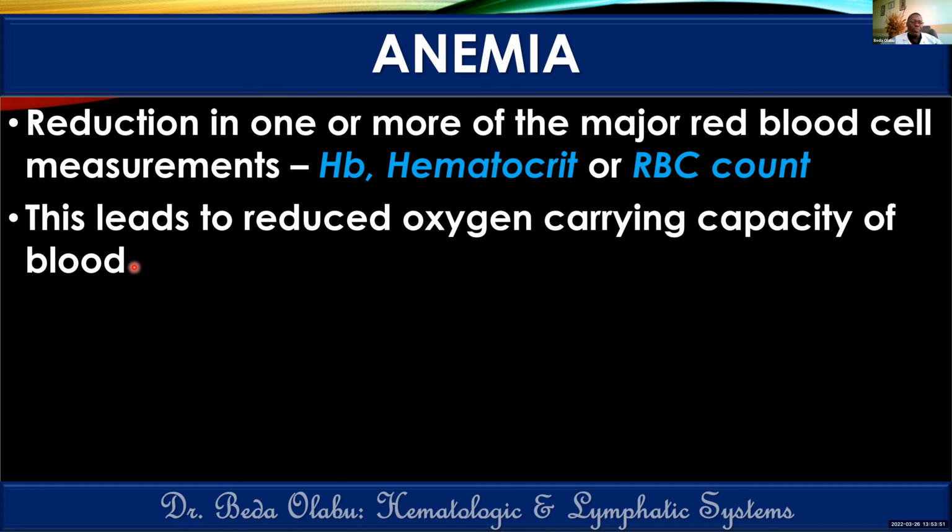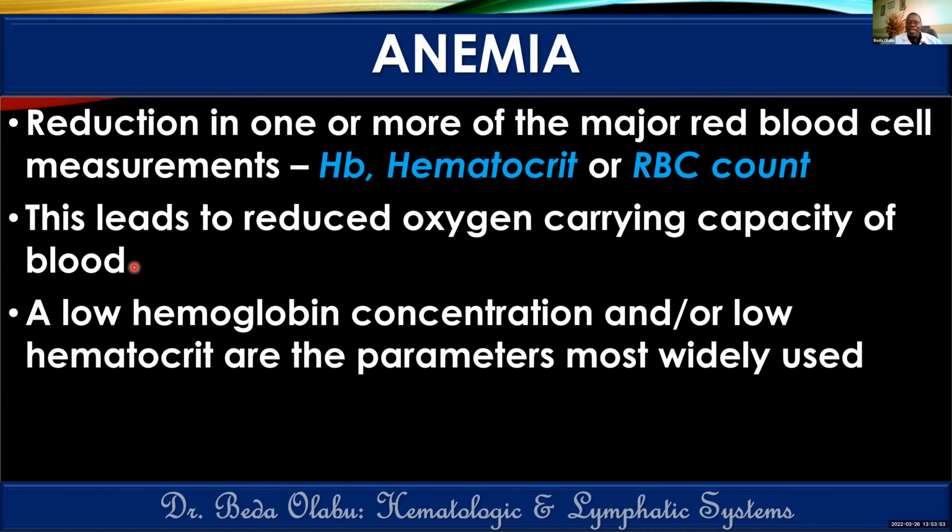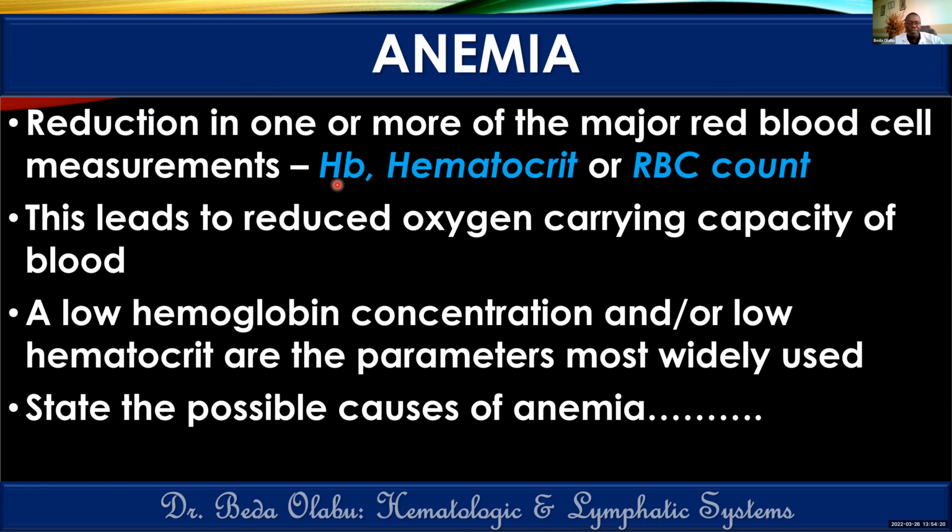And this usually depends on the age, the gender, even geographical location. Sometimes there are specific parameters that are checked for age, gender, and geographical location. For most societies, most laboratories, the parameter that is largely used is the HB. That's the one that is most used to define anemia.